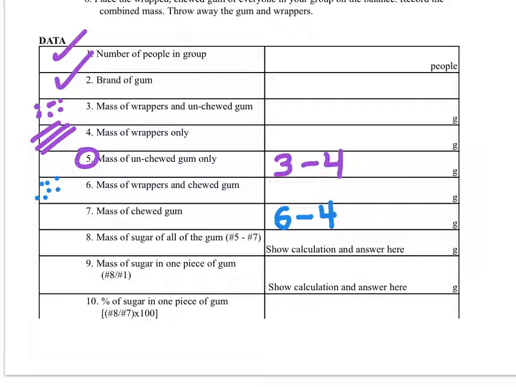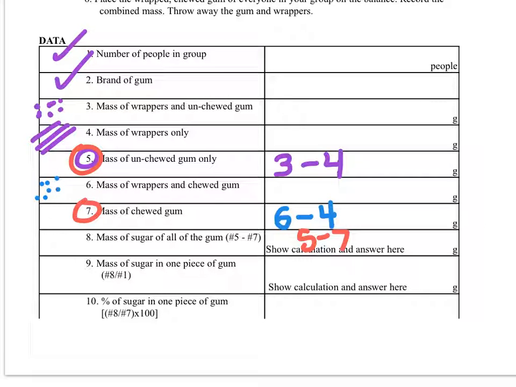So we're going to do 6 minus 4 here. In order to find the sugar that came out of the gum, you're going to do calculation 5 minus calculation 7. Okay.